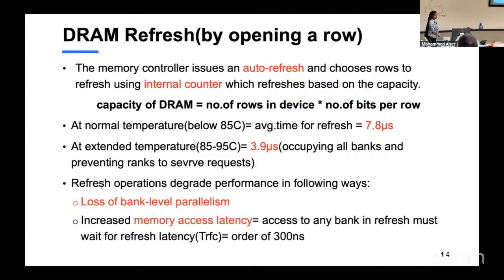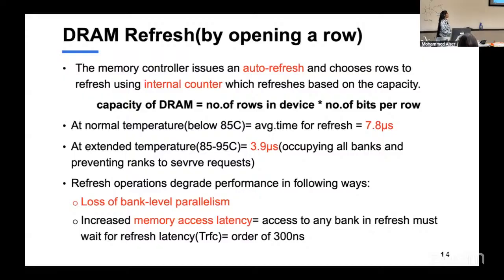And these refresh operations degrade performance in the following ways: loss of bank level parallelism. So when the banks are busy doing refreshing, they could not satisfy or take the access requests they get, other than refreshing. And the next one is increased memory access latency.